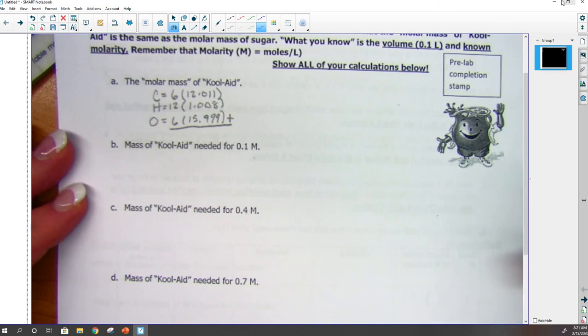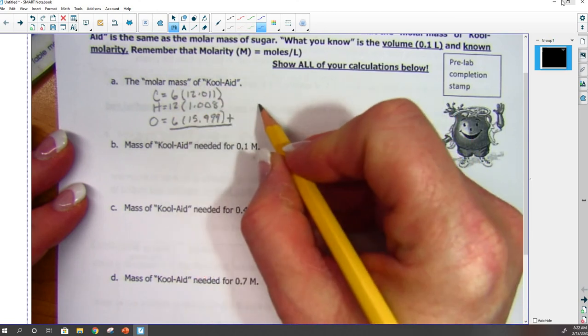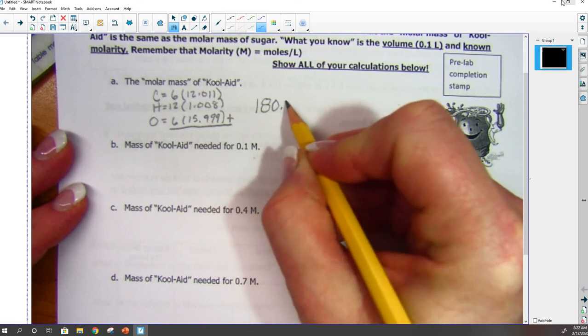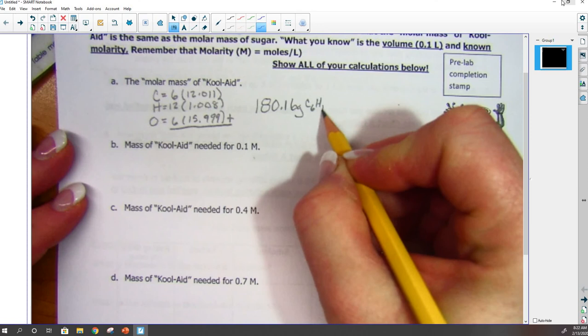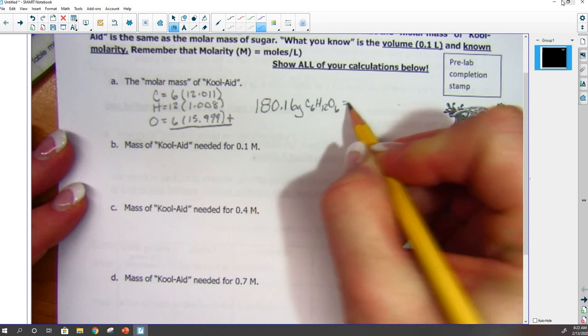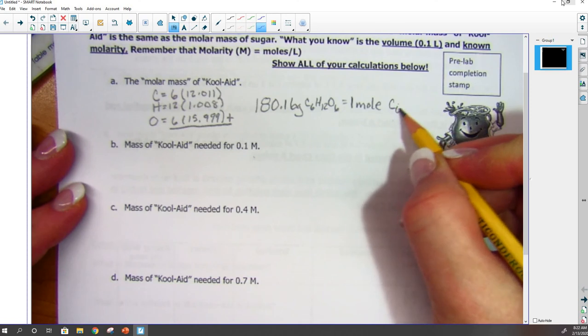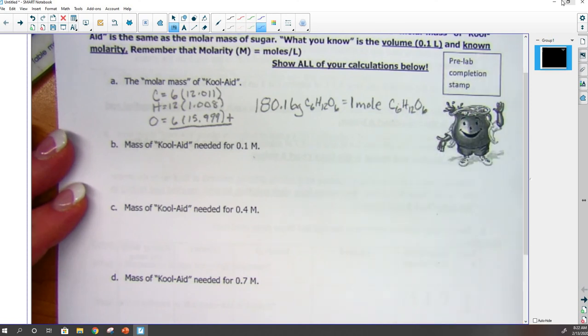What would the units on that be? So since we're finding molar mass, hopefully you ended up with this. How did we do? Did I add that up right? Anybody get anything different?